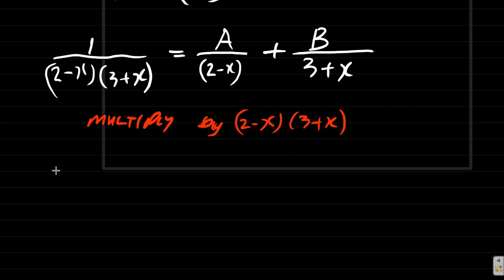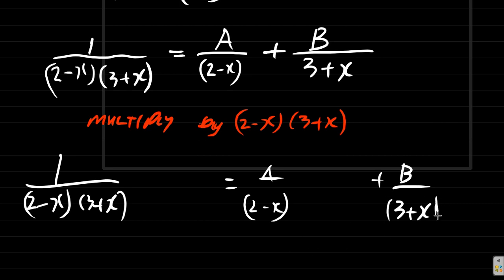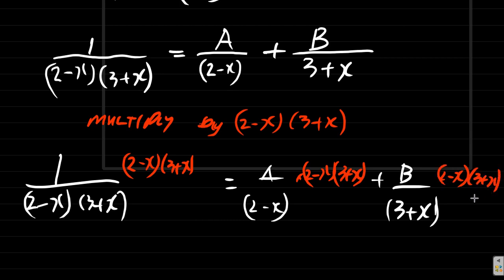You'd have 1 over 2 minus x times 3 plus x equal to a over 2 minus x plus b over 3 plus x. So what would happen here? You multiply by 2 minus x, 3 plus x. You see that?